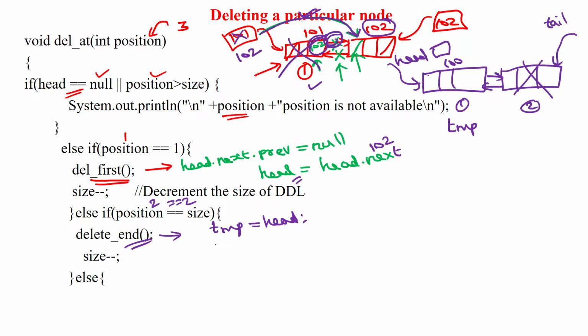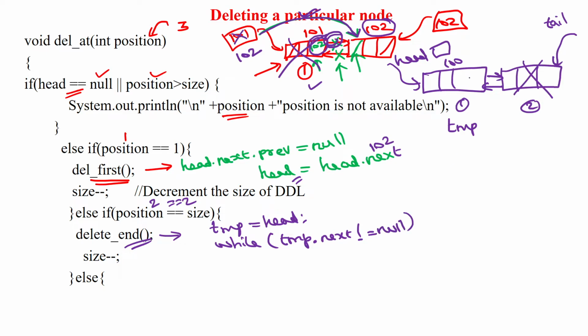Then you should check while temporary dot next is not equal to null.